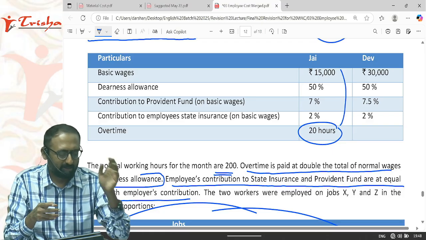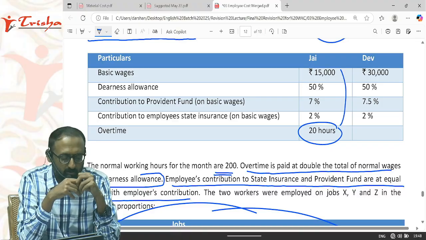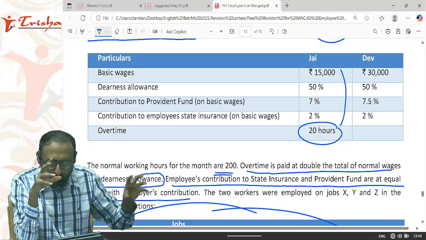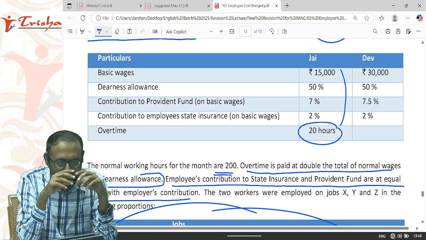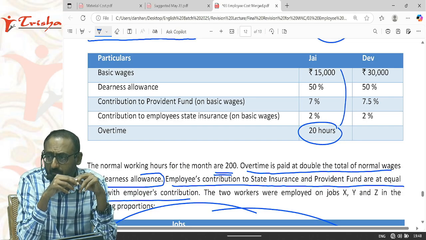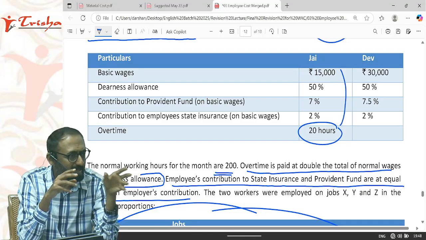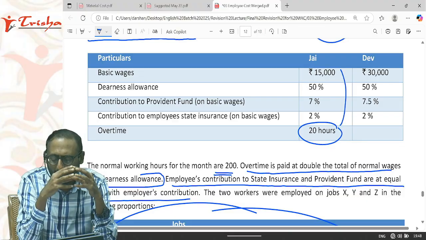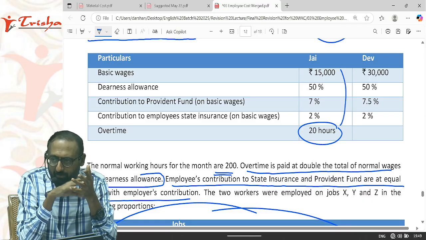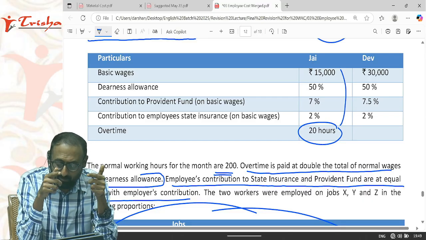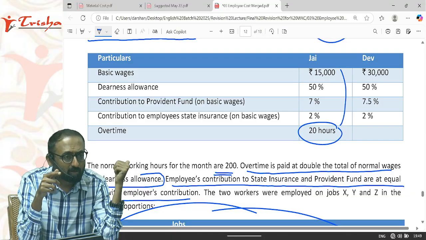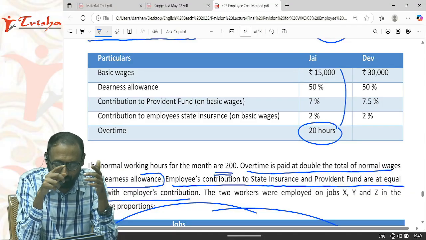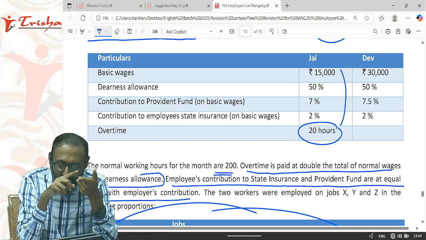Overtime wages, sir. What they have given is that overtime is paid at double the normal wage rate and dearness allowance. So basic wages 15,000 plus dearness allowance 7,500 is 22,500.